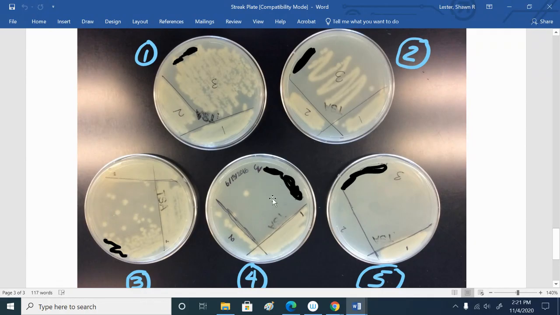What about plate number 4? Good or bad? Good. Good? Why is it good? Remember, you should have multiple colonies in the last zone.